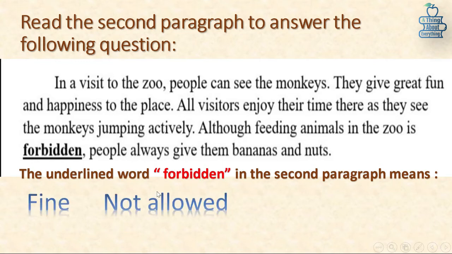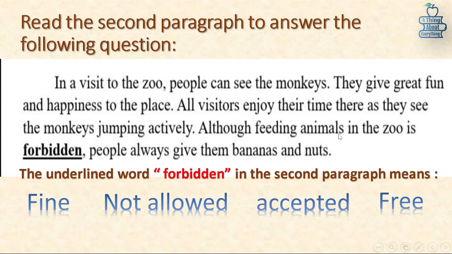So first of all, let's have the choices: fine, not allowed, accepted, free. If you know the meaning of the words, okay, but if you don't know the meaning of the word, you have to read the context. You have to read the word in the context, so you will understand the meaning of it. Let's read before and after the word and get the meaning of it.